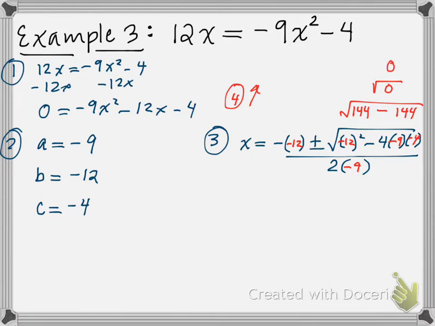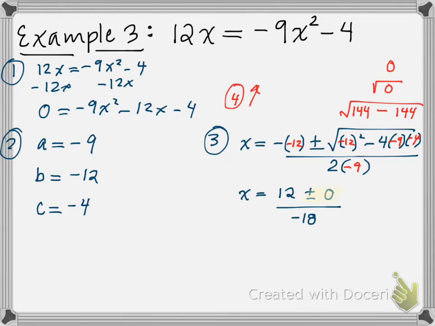Okay, so this yields a special situation where x is equal to negative negative 12, which is positive 12, plus or minus just 0, over 2 times negative 9, which is negative 18. In this situation, if I add or subtract 0, that's not really changing anything.